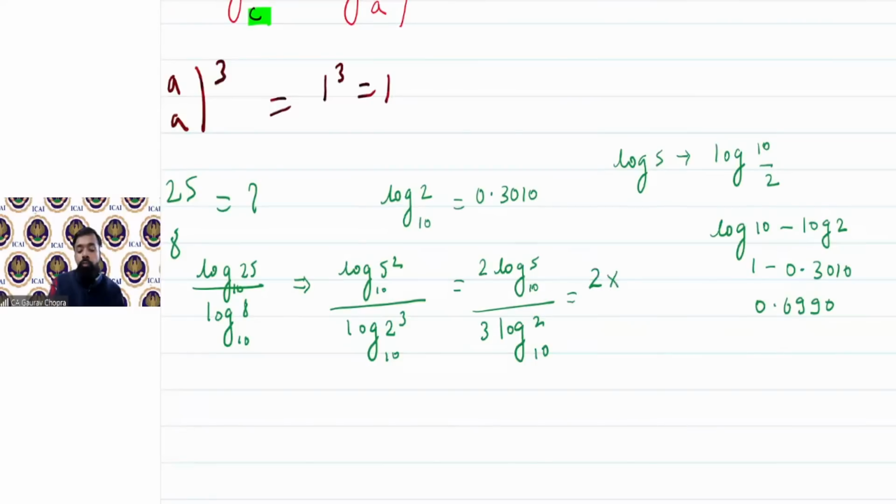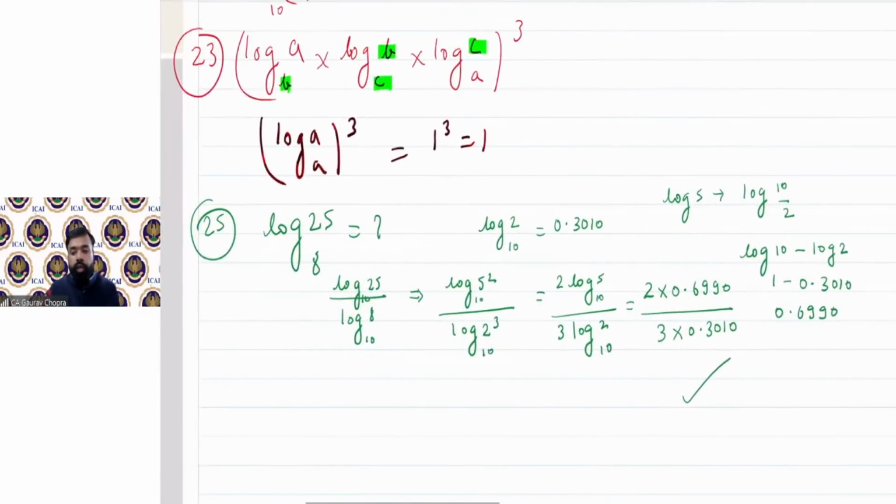So the value of log 5, as we have done earlier also, is 0.6990. And the value of 3 into log 2 is already given, 3010. Now you can simplify this and get your result. Okay. So in this way, you can get all the answers of logarithm.